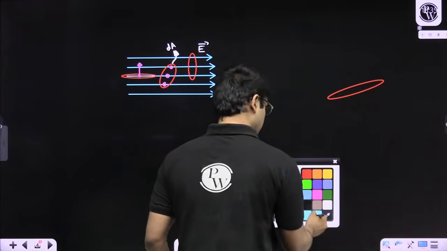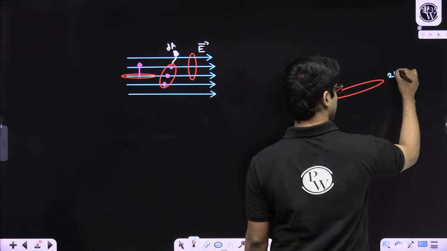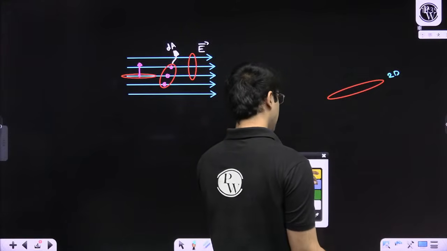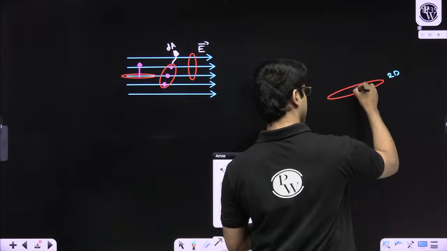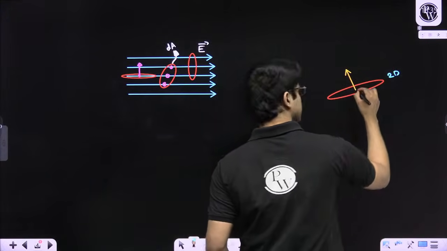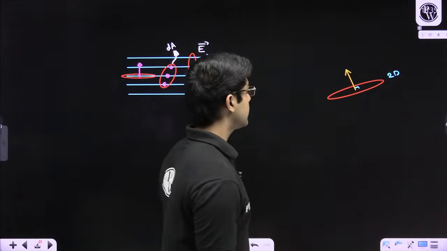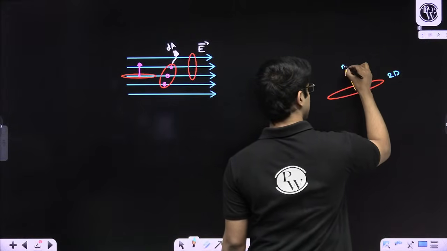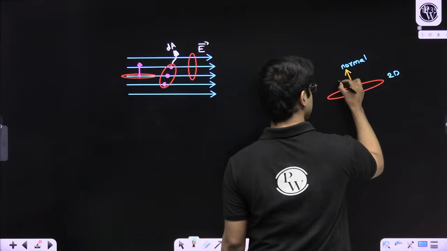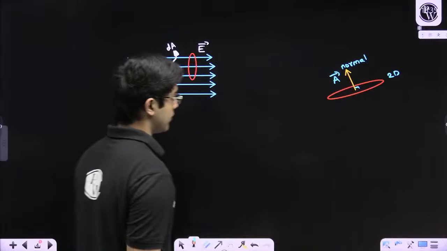Whenever you have a two-dimensional area, the area vector is perpendicular to the plane of this area, such that it is perpendicular to this circular base or whatever the shape is. You can also call it the normal, because it is normal to the area. This is the direction of the area vector.